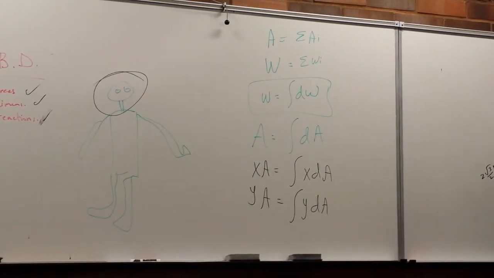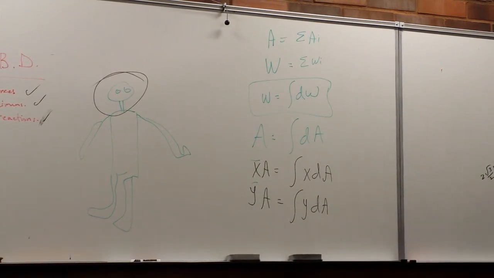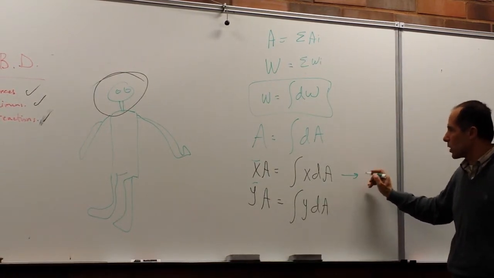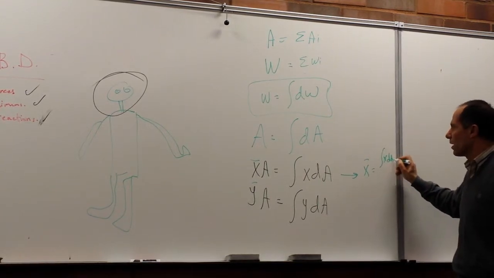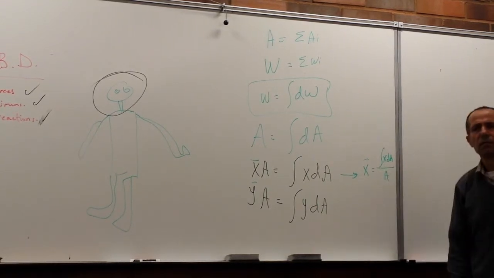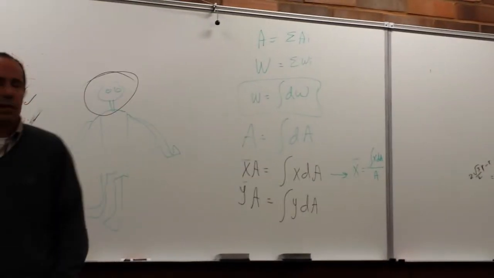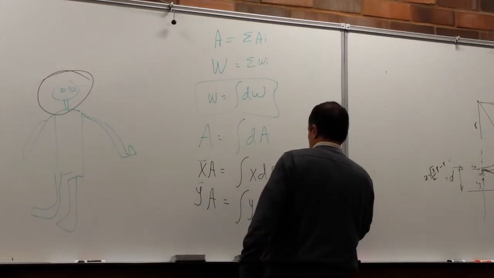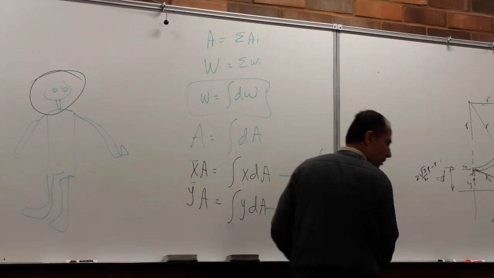This could be X and Y bars, which represent the integration. In this case, from this equation, X bar is going to be the integration of x dA over A, or sum of Ai. If I go here, the Y bar is the integration of y dA over A.